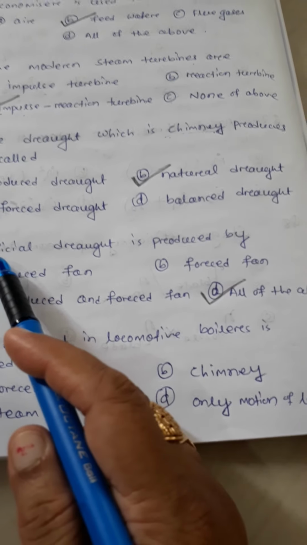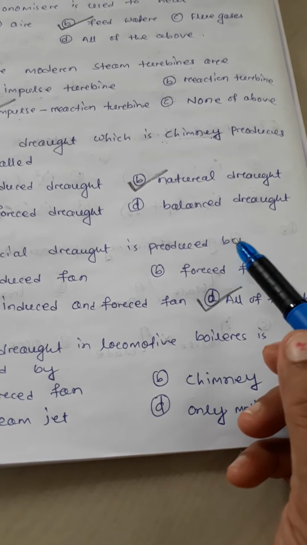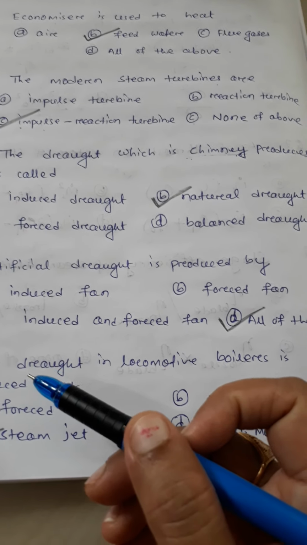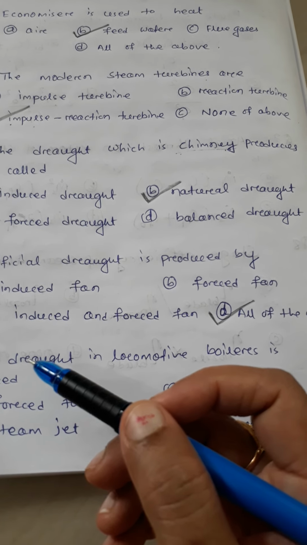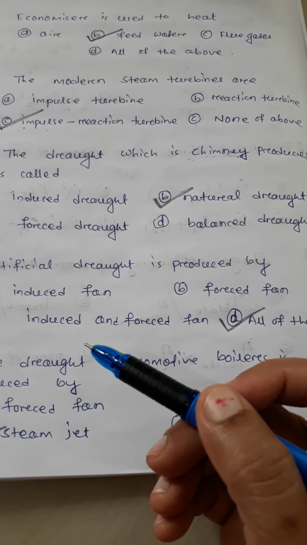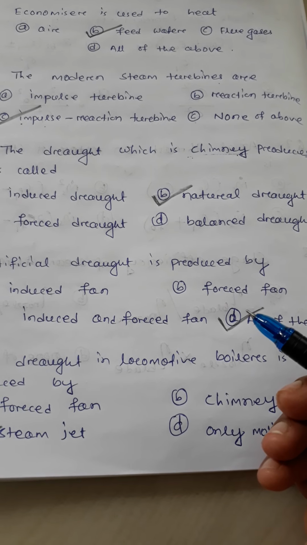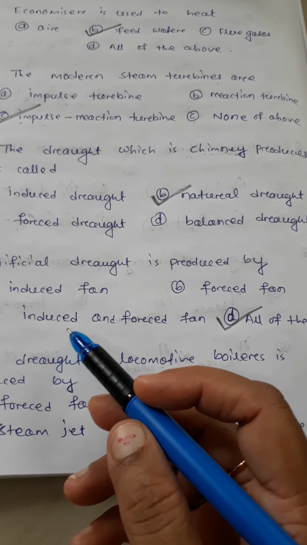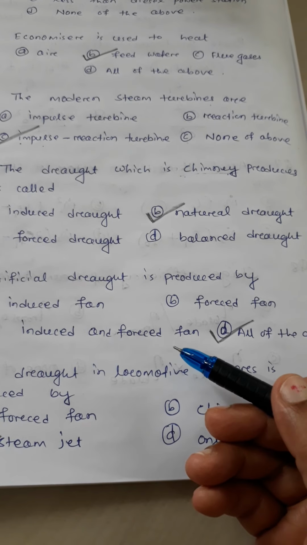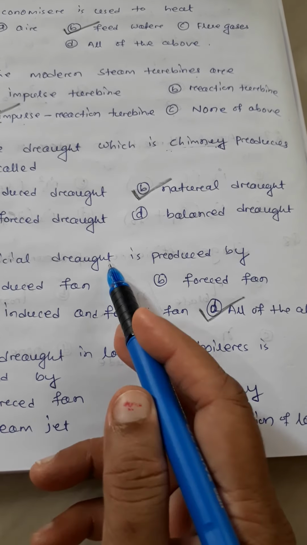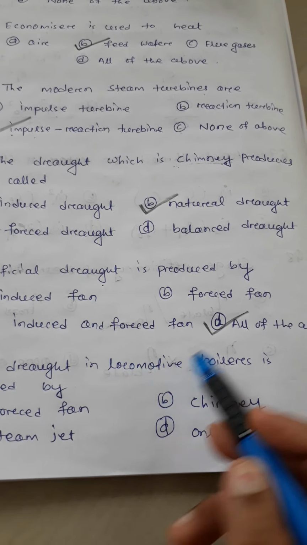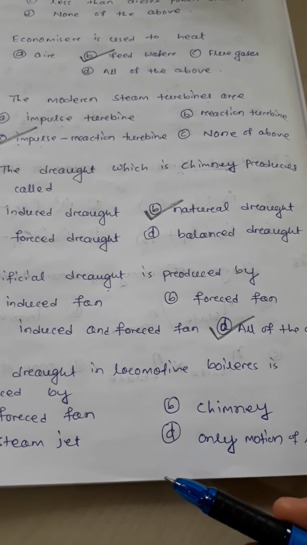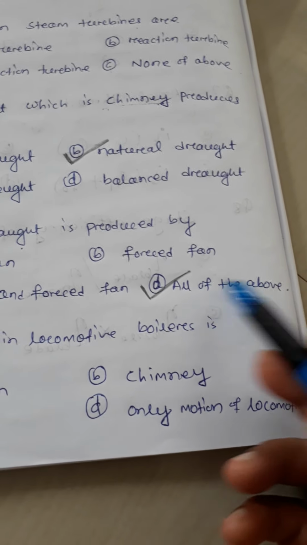We know that artificial draught is divided into three types: induced draught, forced draught, and balanced draught. In induced draught we use an induced fan, in forced draught we use a forced fan, and in balanced draught we use induced and forced fan both. So all these three fans are used in artificial draught. The answer is all of the above. Okay.